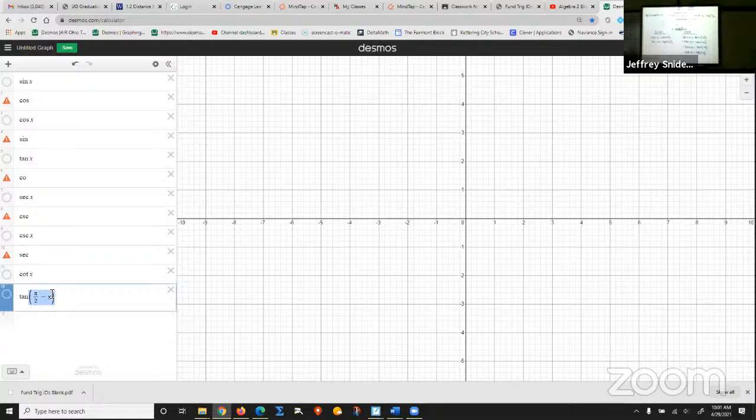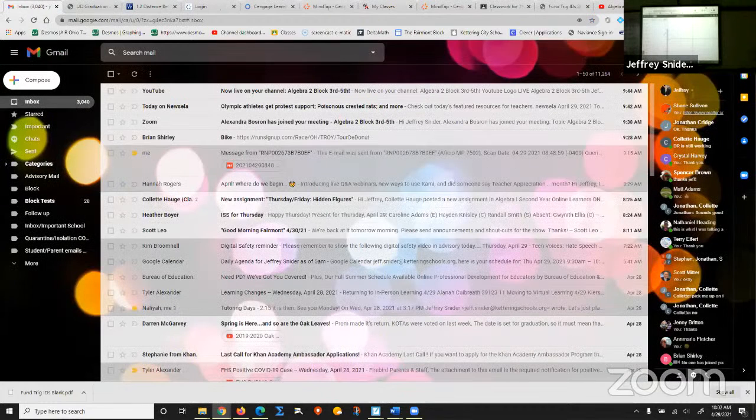And all you're going to have to do is follow along with me. So here is Desmos, okay? Beautiful. Don't worry about all those orange things. Those are supposed to be there right now. I've got it in radians, perfect.